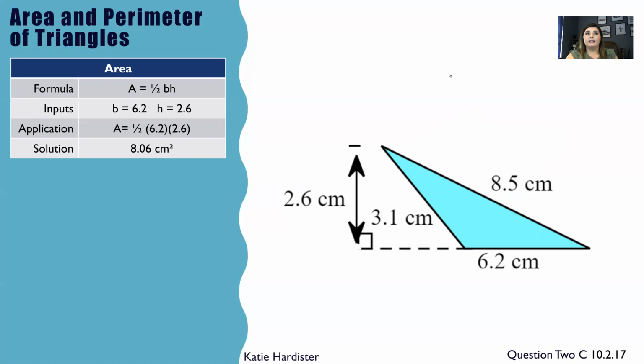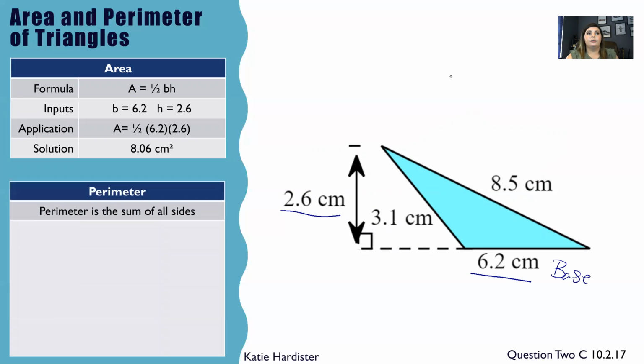We input those into our formula, and we see that our height is going to be here, and then our base is going to be here. If we input those in, then our solution will be 8.06 centimeters squared.